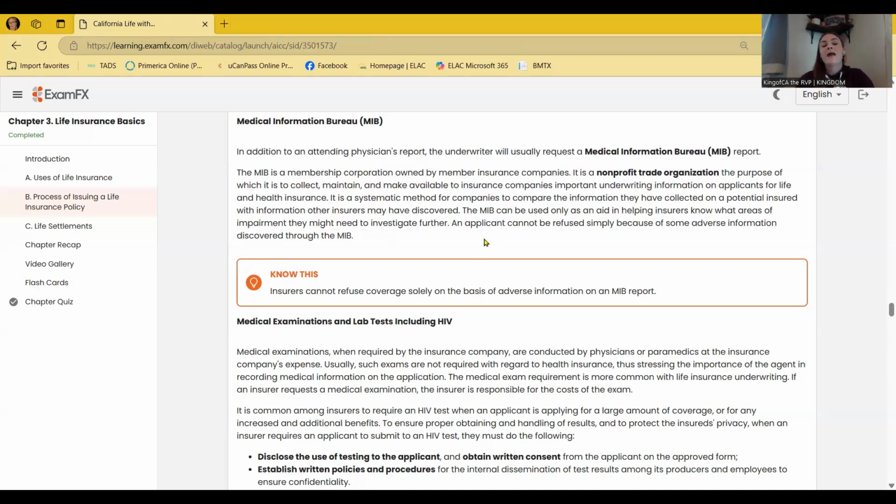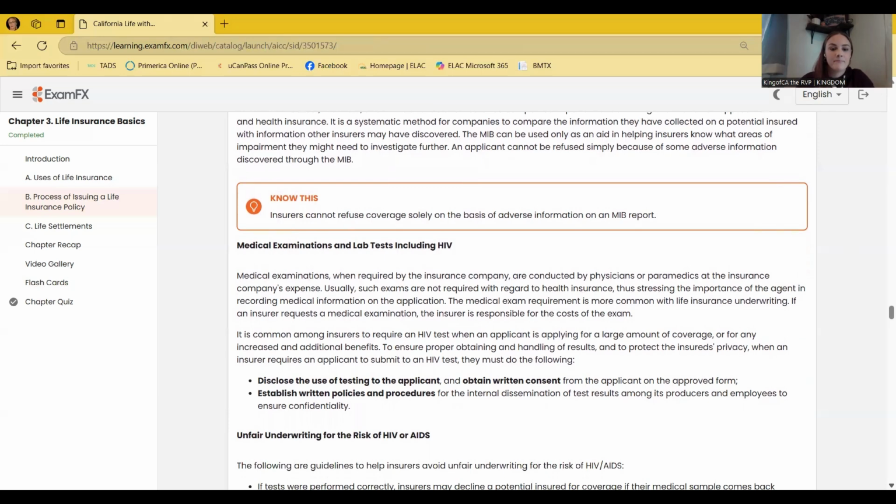Now, the MIB is able to assist in information, but the insurance company is not allowed to deny us simply because the MIB gave adverse information. It needs to be backed up with something in our physician's report or our application. It has to have secondary information with it. So an applicant cannot be refused simply because of some adverse information discovered by the MIB.